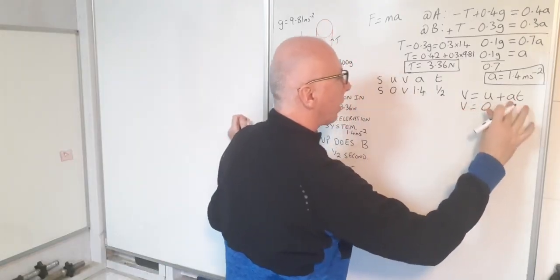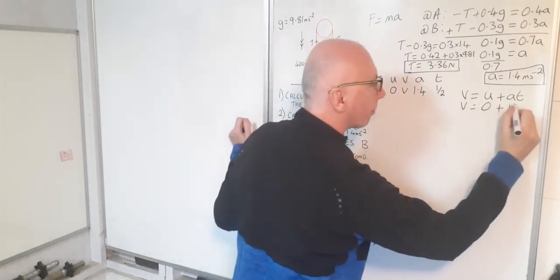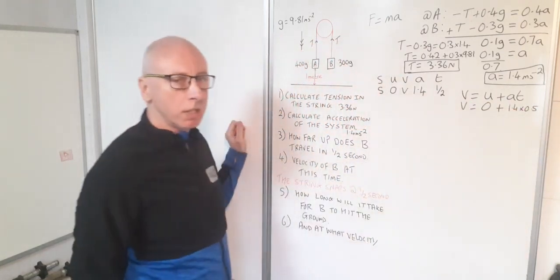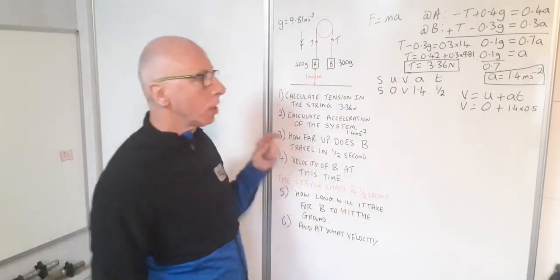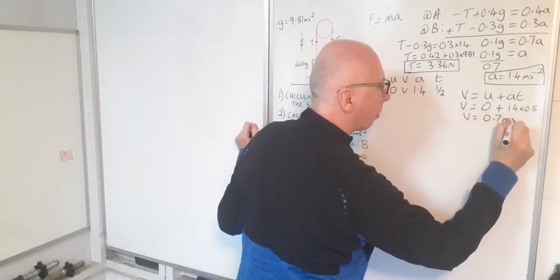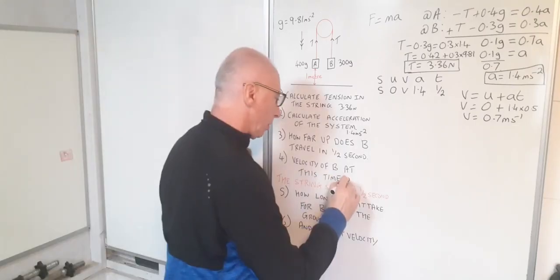And then add acceleration times time. So 1.4 times a half. So I'm just going to put 0.5 to keep it all in decimals, just easy to look at. So in which case velocity is going to be 0.7. And that's meters per second. So velocity at this time, 0.7 meters per second.